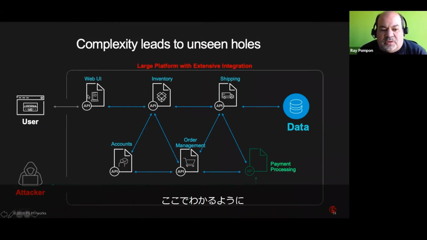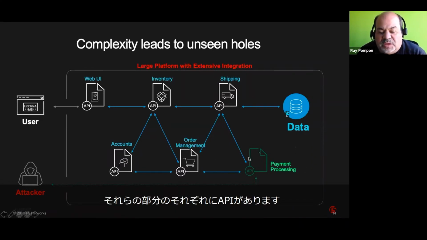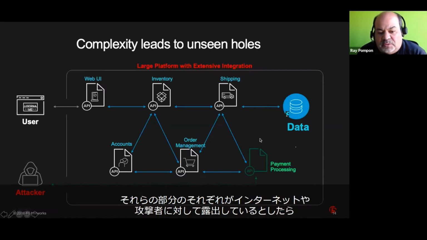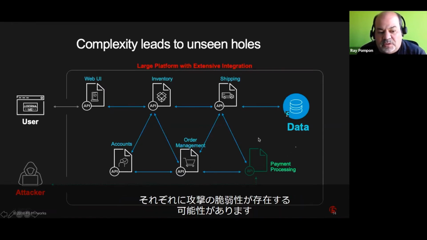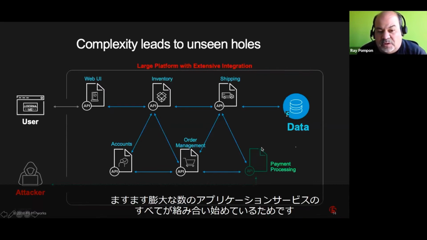As you can see here, we've now decomposed a single application into 6 or 7 different pieces. Each one of those pieces has an API, and each can be vulnerable to attack if exposed to the internet or to an attacker. This is a serious problem, but it's also not uncommon as we make larger and larger swaths of application services all meshed together.